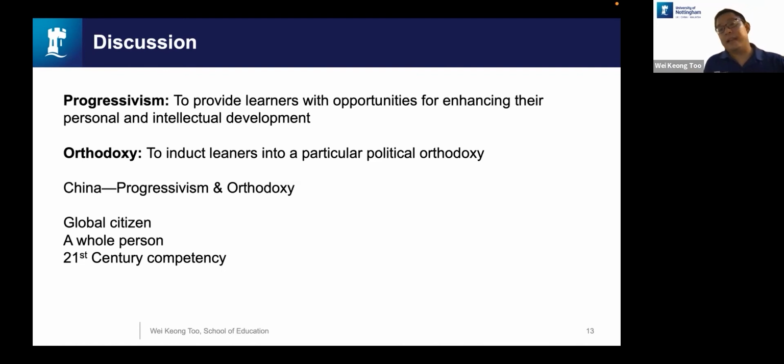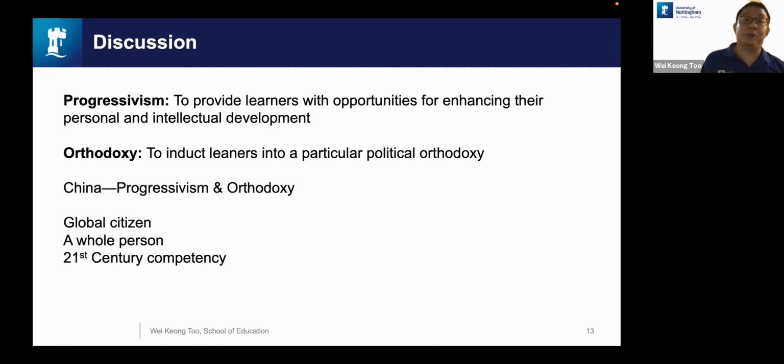And another one is to induct learners into a particular political orthodoxy. We will see this in China. China is a combination of these two because they have a very strong political education framework behind the national curriculum.